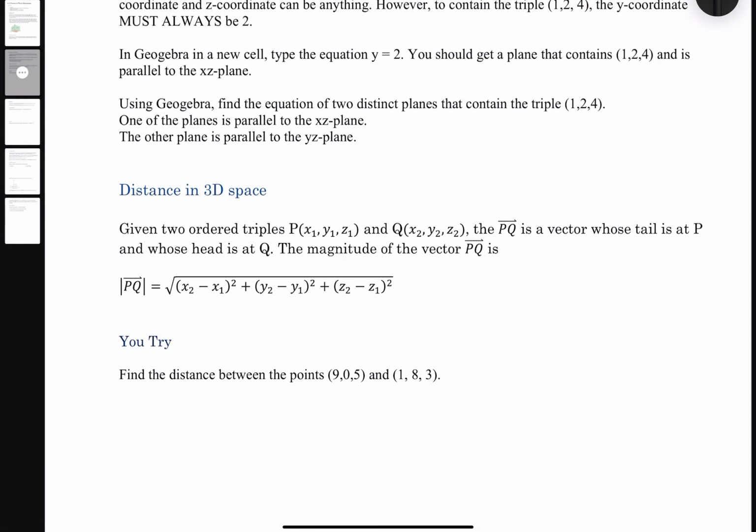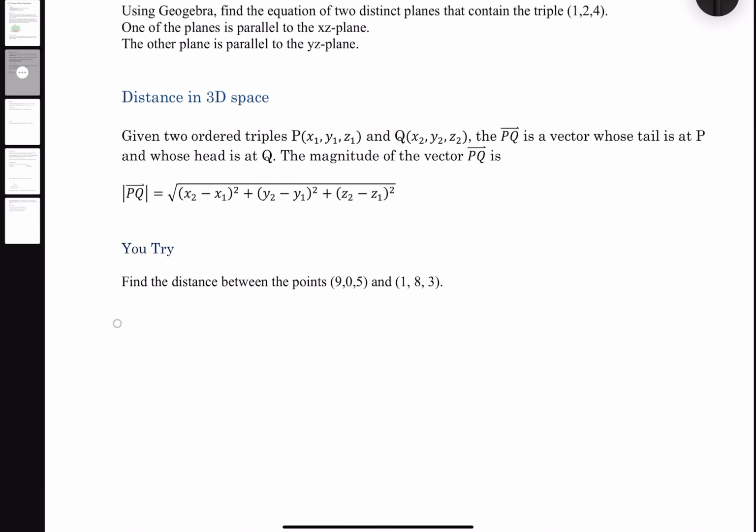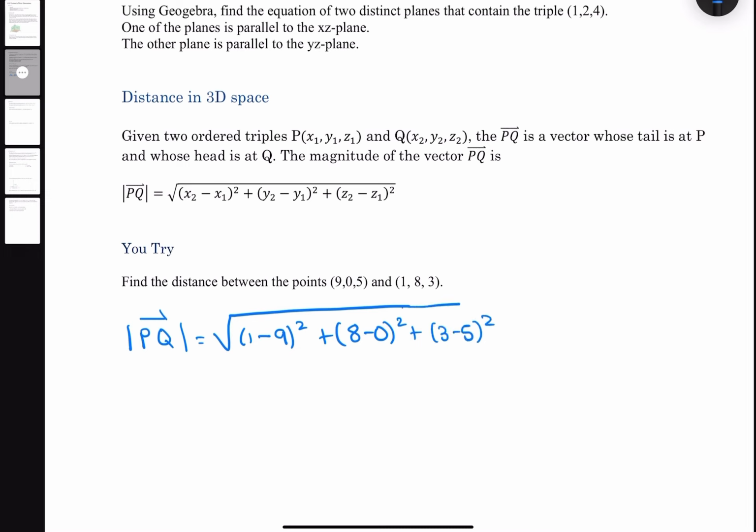So when we're finding the magnitude of that vector, the magnitude of vector PQ is going to equal the square root of 1 minus 9 squared plus 8 minus 0 squared plus 3 minus 5 squared.